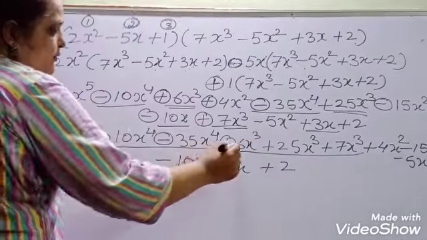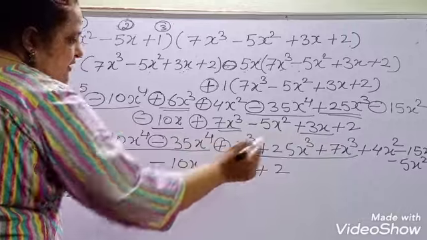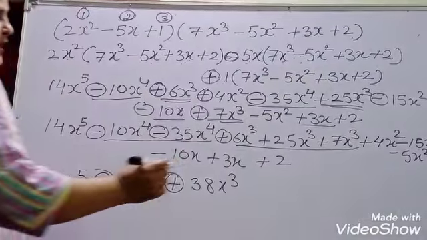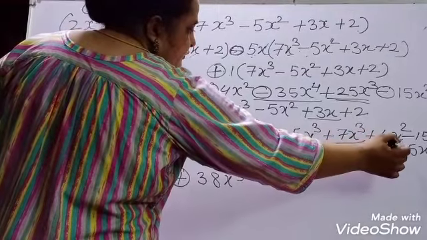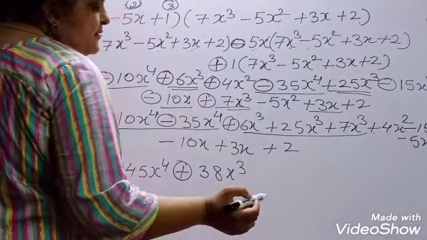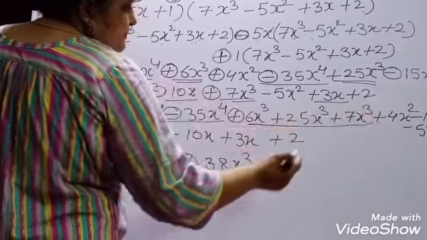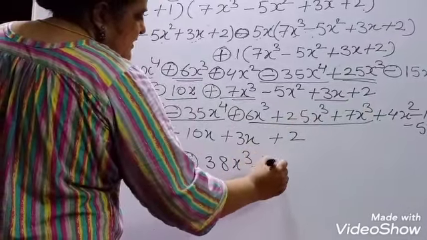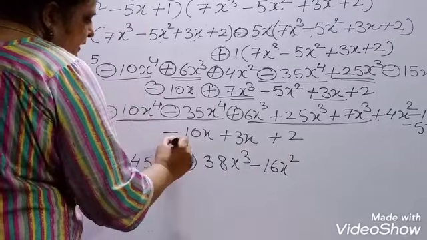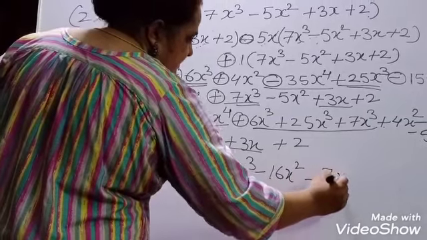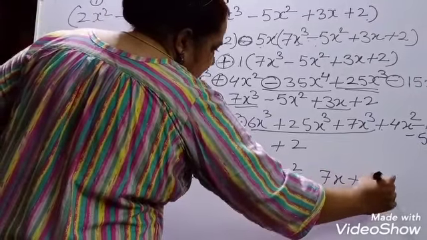Now 25 plus 6 is 31. 31 plus 7 is 38x cube. Then 4 and 15 and 5, the negative ones have the same sign. Minus 15 minus 5 is minus 20. Minus 20 plus 4 is equal to minus 16x square. Now minus 10x plus 3x will become minus 7x, plus 2. That's the final answer.